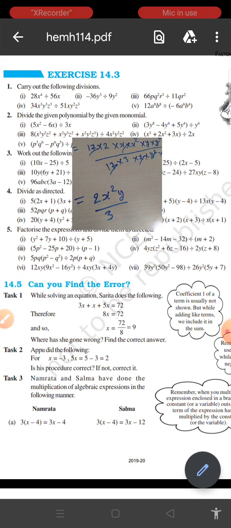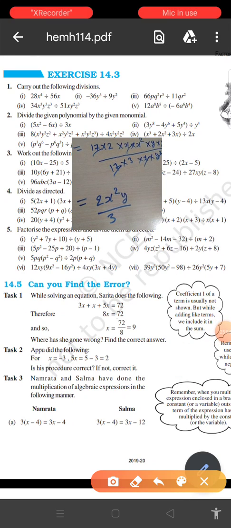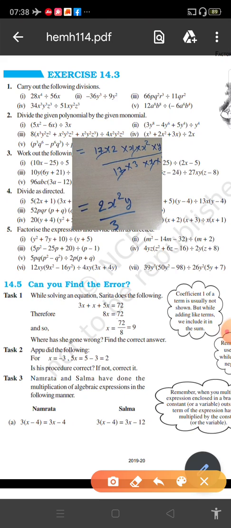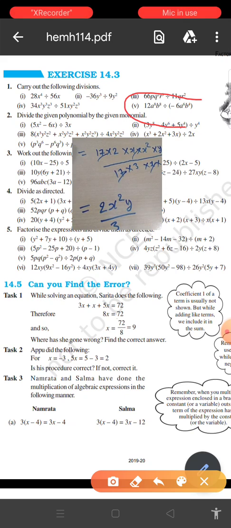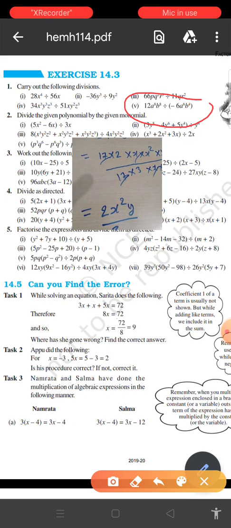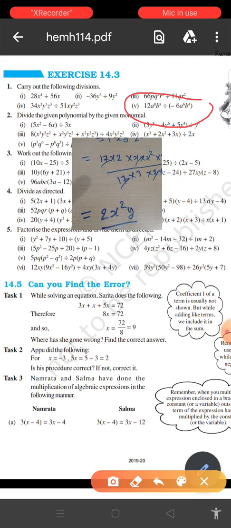I hope all of you understood this, and let's see the next part of this question, part 5th. Here you can see this is part 5th of this question. 12 a power 8 b power 8 divided by minus 6 a power 6 b power 4.